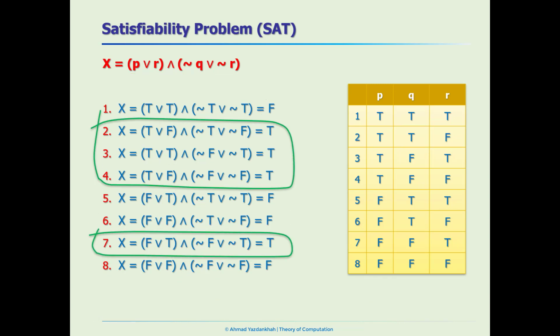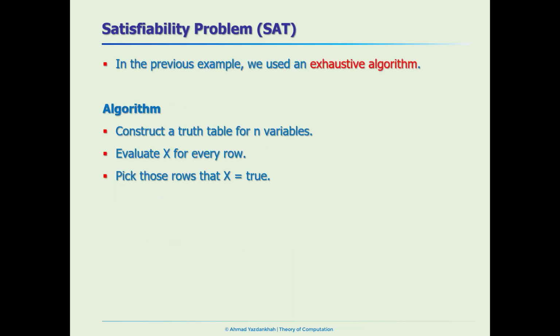What happened here? We had to investigate row by row, and this is called an exhaustive algorithm. When you have to check all of the possibilities from A to Z, then it is called an exhaustive algorithm.